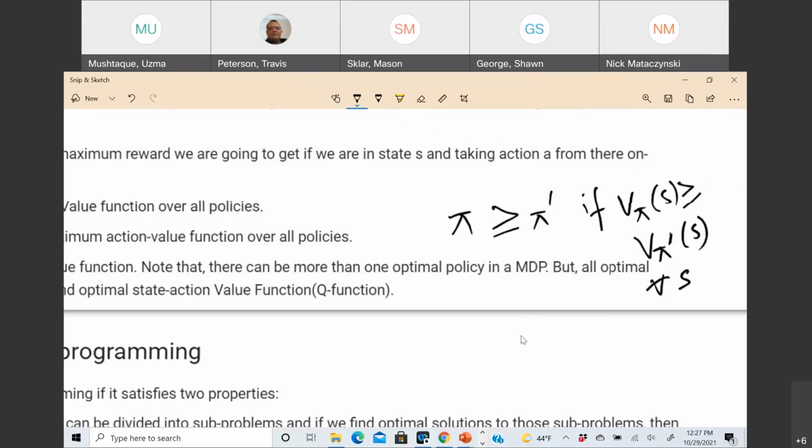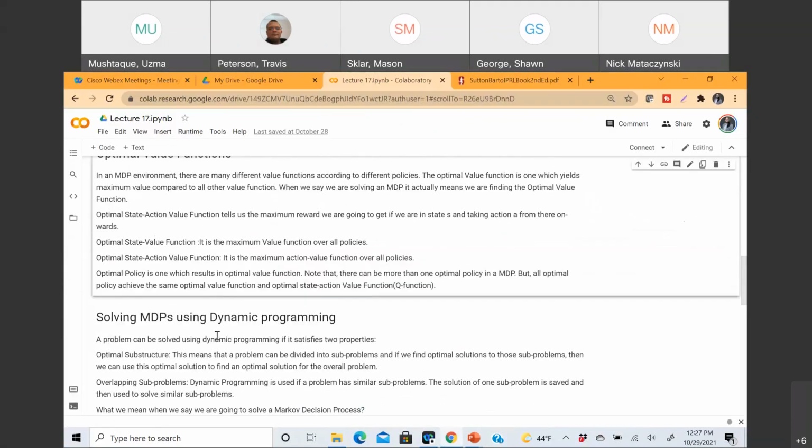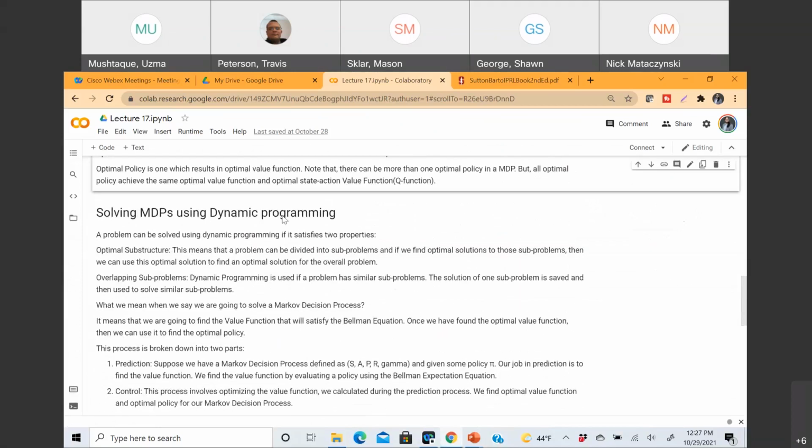So that's the next thing that we would try to do. And we'll be solving that using dynamic programming, and I'm going to come to that. But let's formulate that a little bit, because the book formalizes how we find an optimal policy, so I'm going to do that as well.